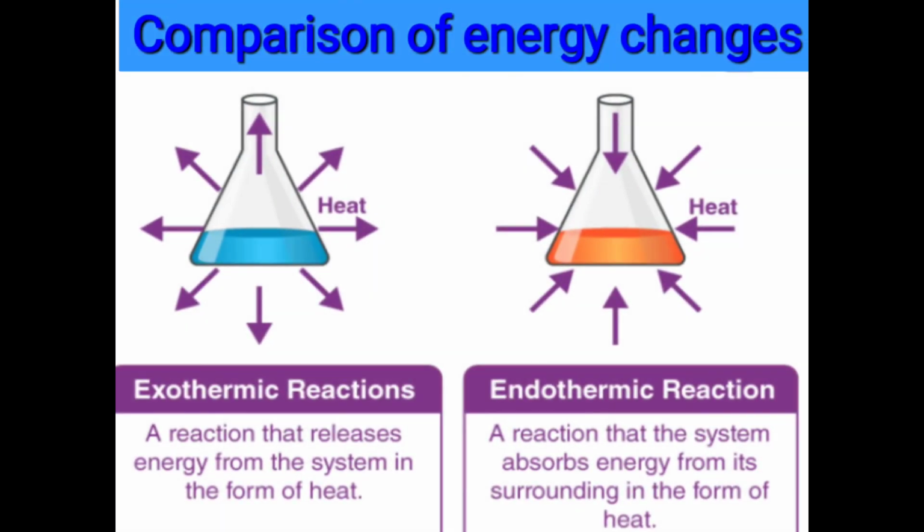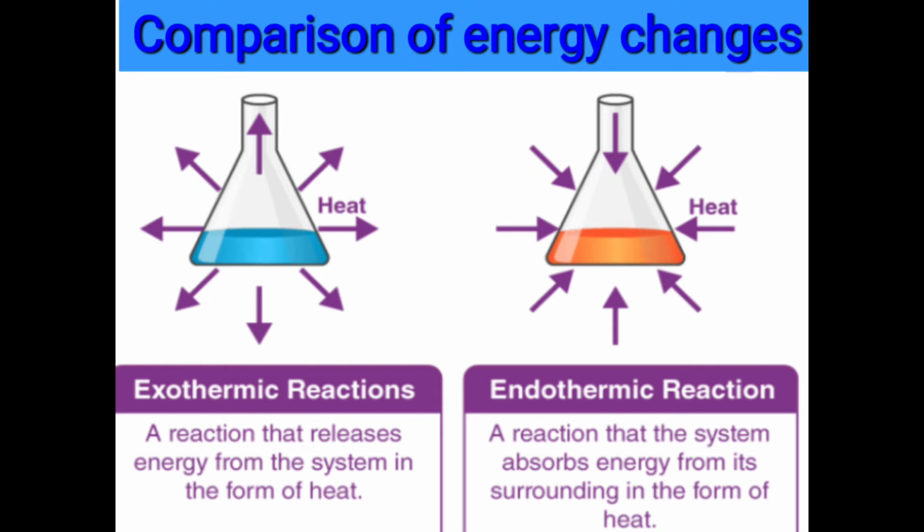Now, let us look at a comparison between energy changes of exothermic and endothermic. We have already said that in an exothermic reaction, heat energy is released to the surrounding. We saw a negative 20, which represented the heat energy that is released to the surrounding.